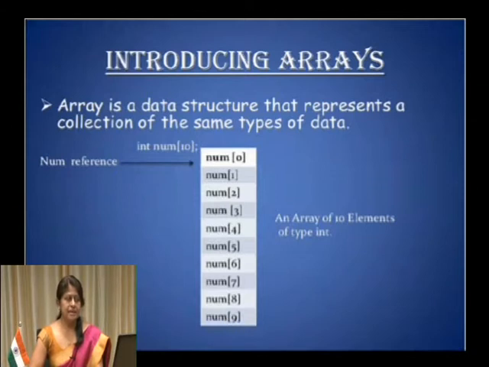This num is an array which consists of 10 elements, and it is of data type integer. So you have num of 0 to num of 9, which means that it is 10 elements. Each of them will have their own memory addresses.